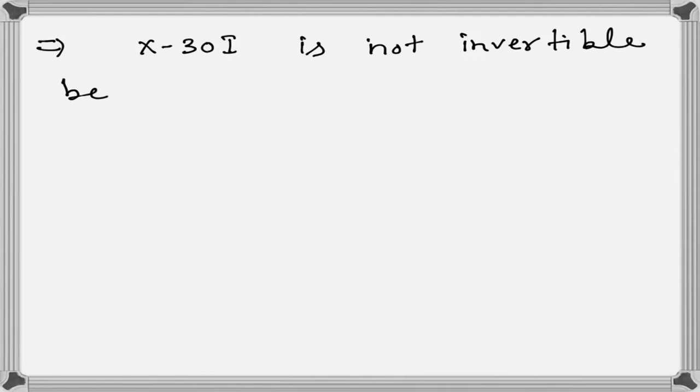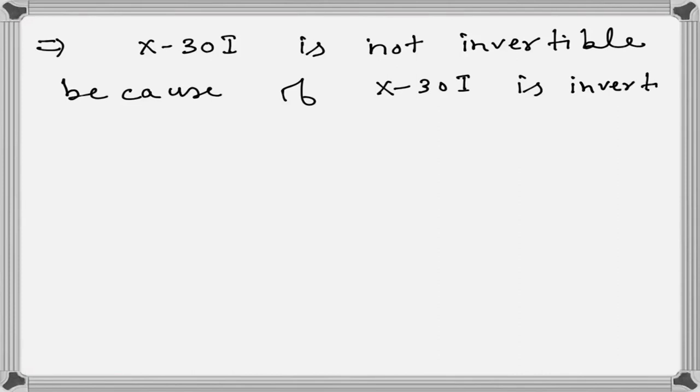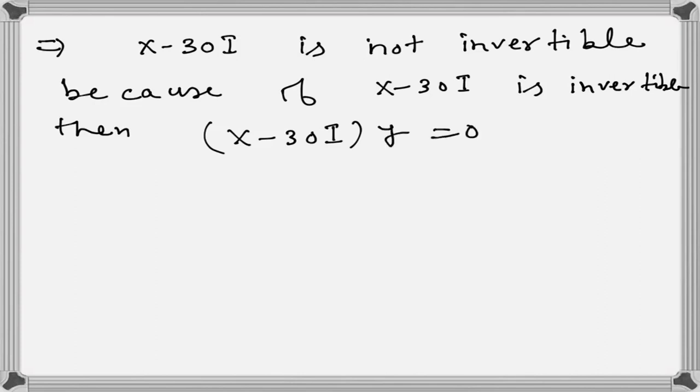Because if X − 30I is invertible, then (X − 30I)Y = 0 has only the 0 solution.